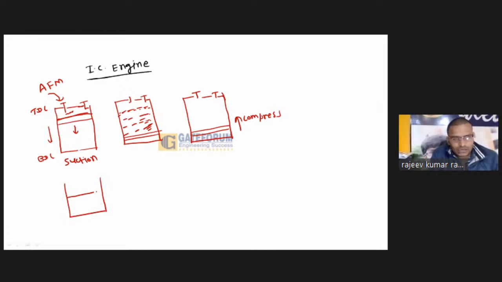As you move towards the TDC, both the inlet and exhaust ports will be closed. This is compression.